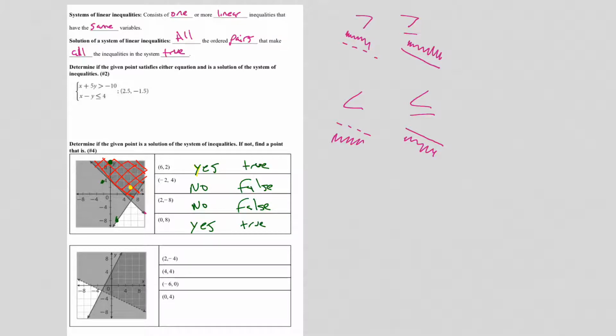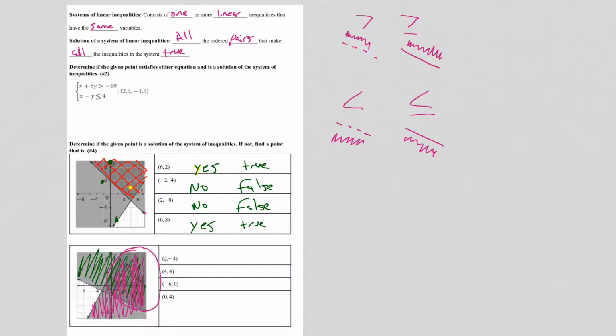So in this second scenario, the answer is above this line, shaded above this line, and also shaded below this line. And when I do that, you can see there's only one area that satisfies both conditions.